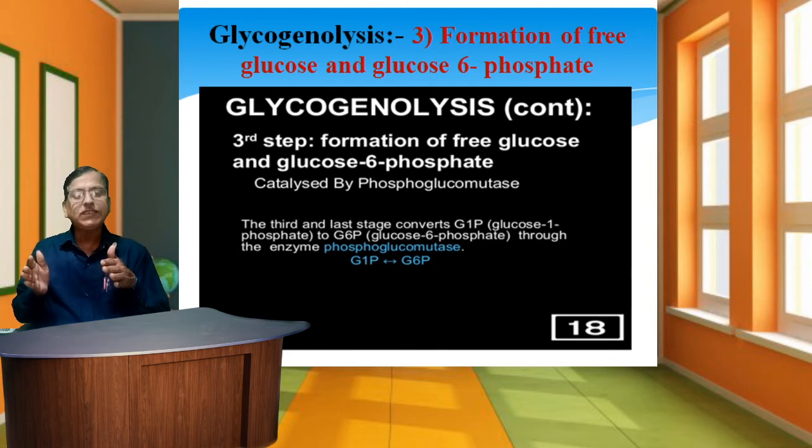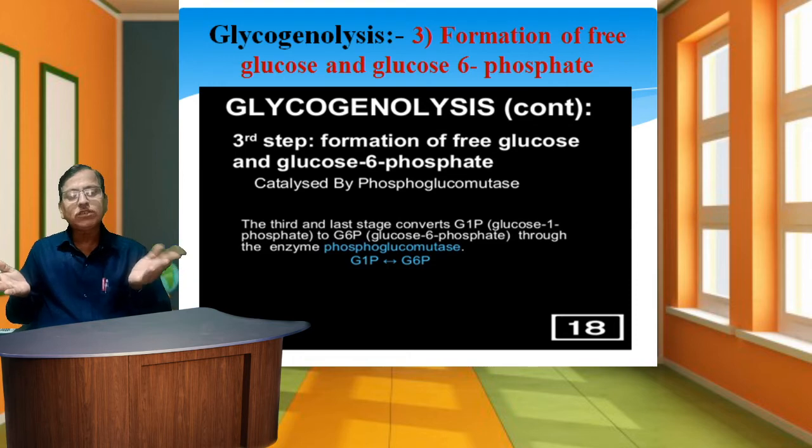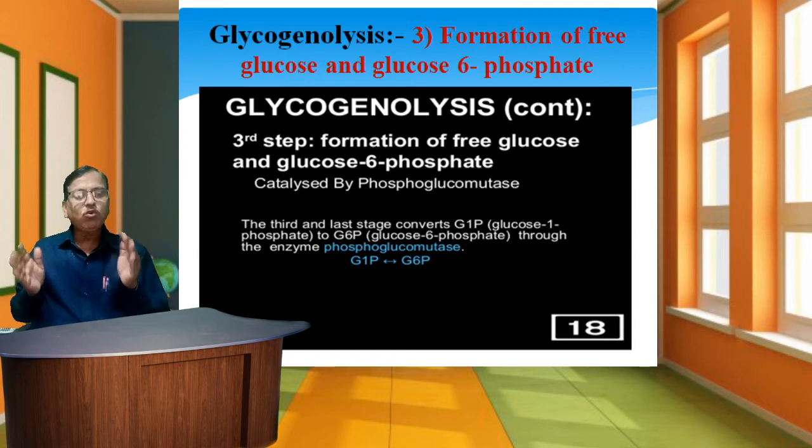Glucose 1-phosphate is converted to glucose 6-phosphate by the enzyme phosphoglucomutase. The fate of glucose 6-phosphate depends on the tissue. The liver and intestine contain the enzyme glucose 6-phosphatase that cleaves glucose 6-phosphate to glucose.